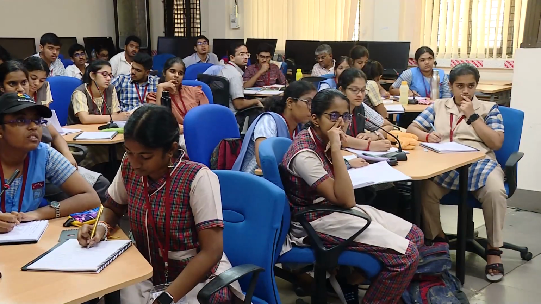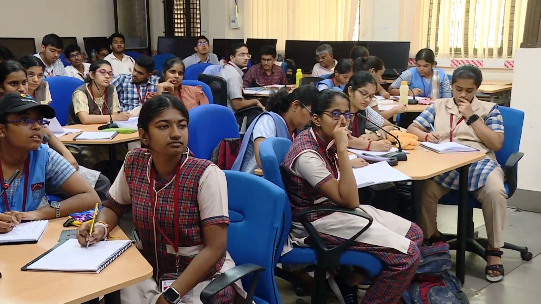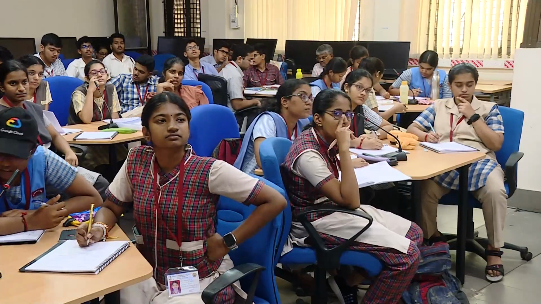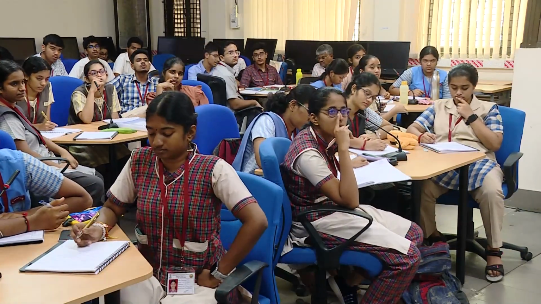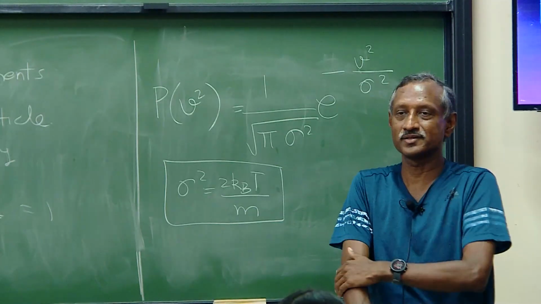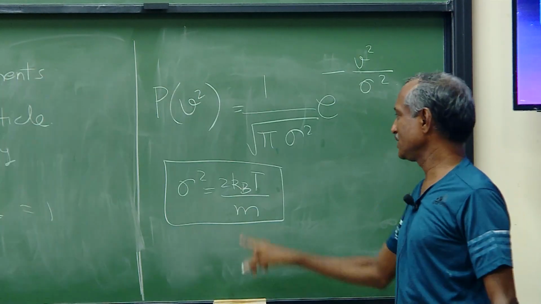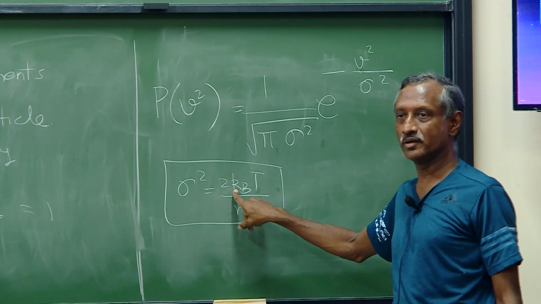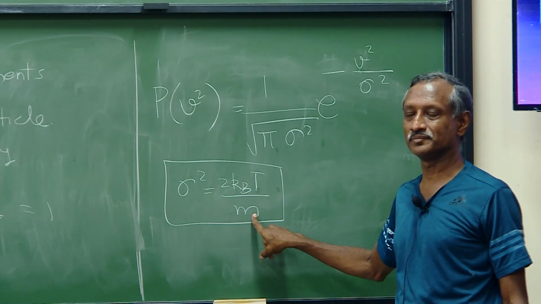The mean is 0, which means there's no drift, all directions are okay, but it has a variance, and that variance is what we call the temperature of the gas. These are constants: this is Boltzmann's constant, and this is the mass.